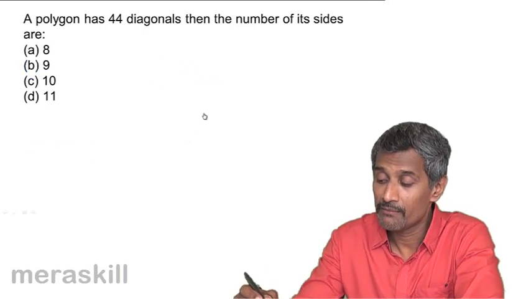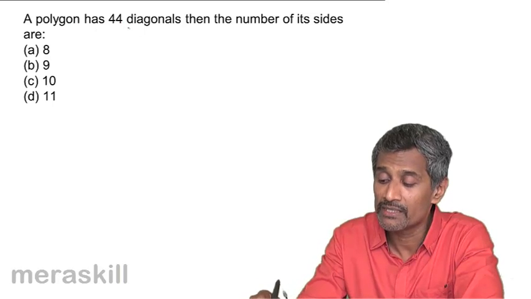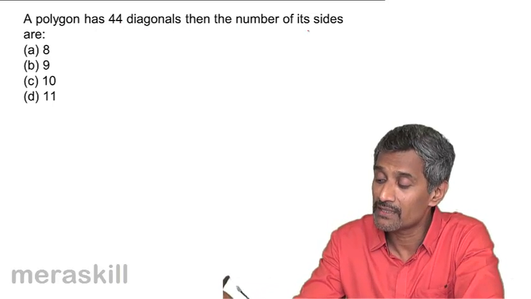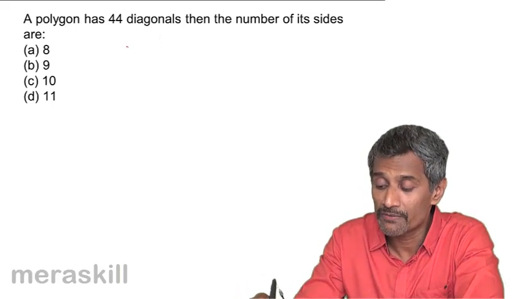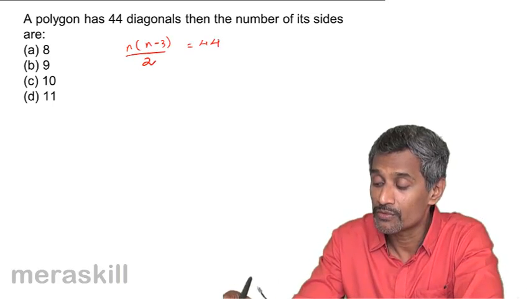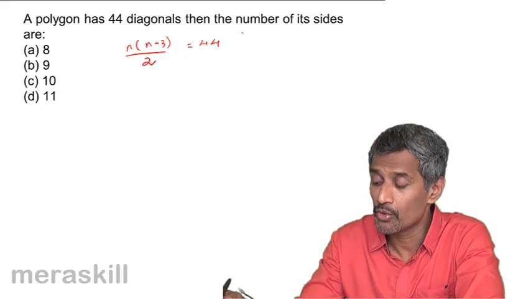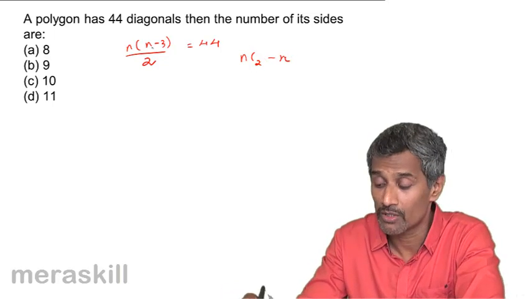Furthermore, much in the same way, only the unknown is different in this case. A polygon has 44 diagonals, then the number of its sides is so and so. Here it makes sense to use the formula n into n minus 3 upon 2 is 44. Or you can do nc2 minus n, which will also work out to this.